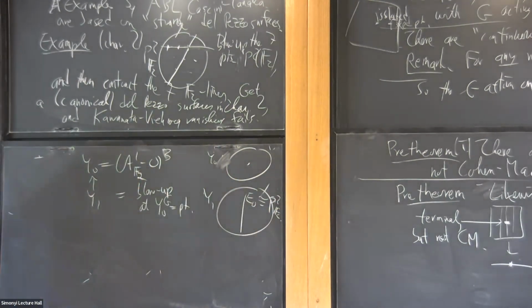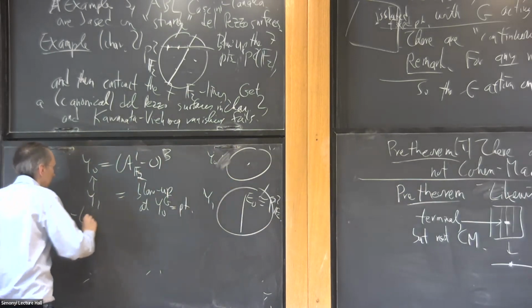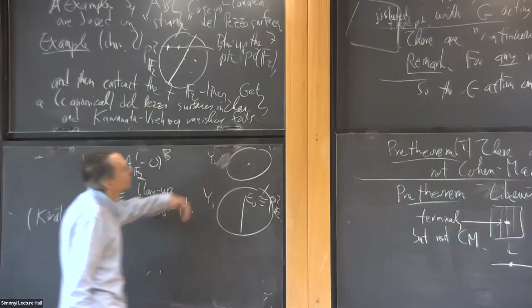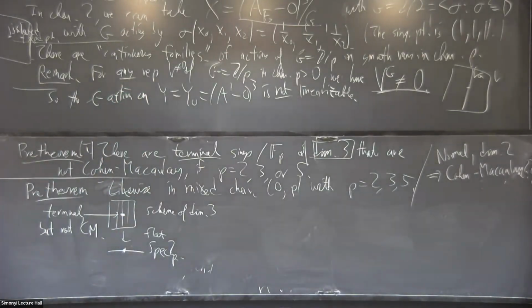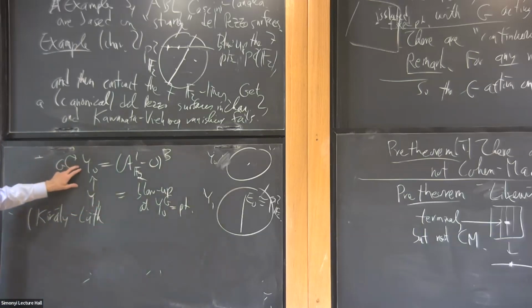And then a convenient fact: y is already smooth, and the group G is acting on it. The question is, how much do I need to blow up y0 in such a way that the quotient variety becomes smooth?